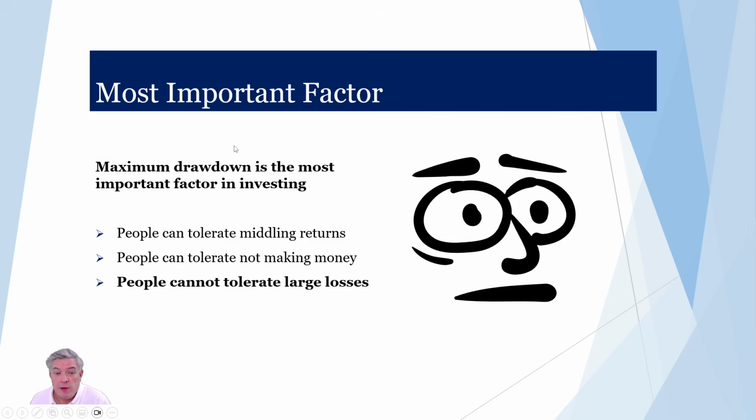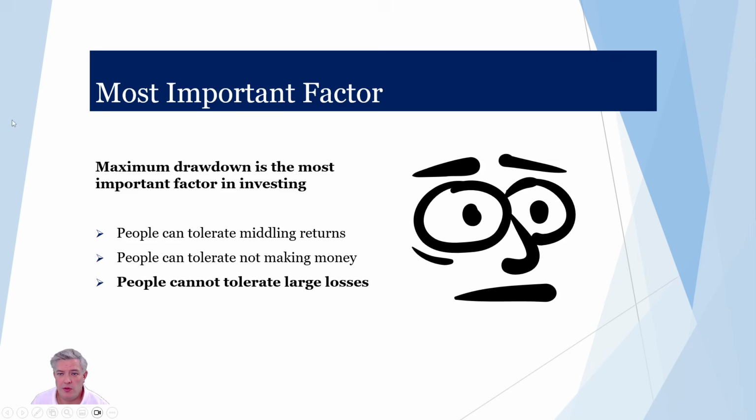So in my experience, the single most important factor in investing or trading is really the maximum drawdown. And I'll tell you why. People can tolerate middling returns. They can tolerate not making money, but what they can't tolerate, as evidenced by the little cartoon face here, is big losses. When people hit big losses, which are big drawdowns, they panic, they sell everything, they run for the hills.